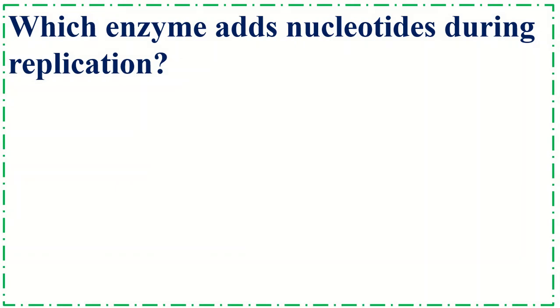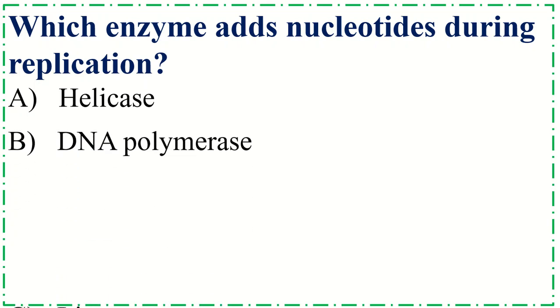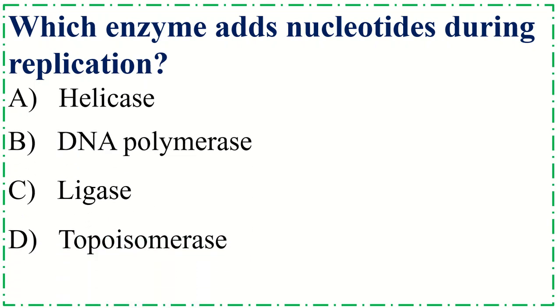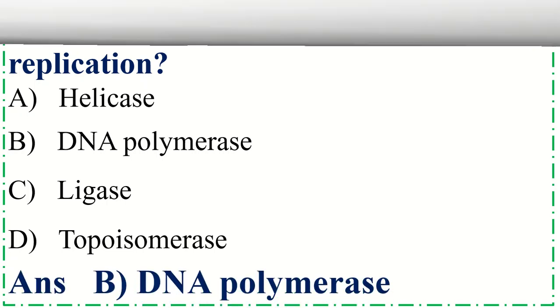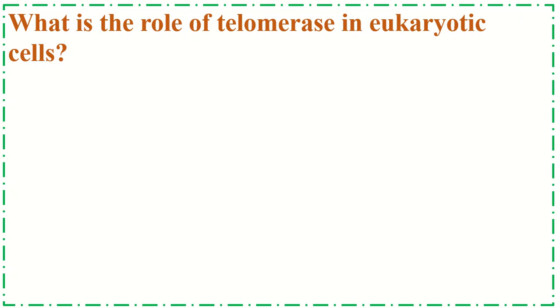Which enzyme adds nucleotides during replication? Option A, helicase, B, DNA polymerase, C, ligase, D, topoisomerase. Correct option is B, DNA polymerase. What is the role of telomerase in eukaryotic cells?